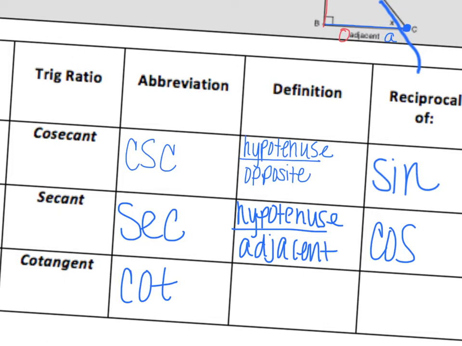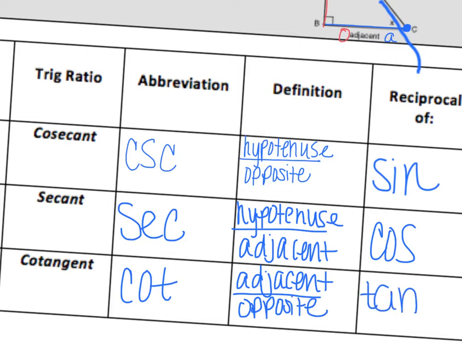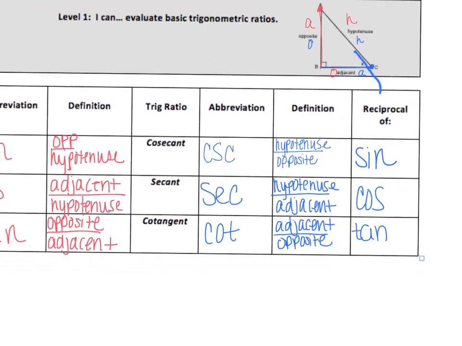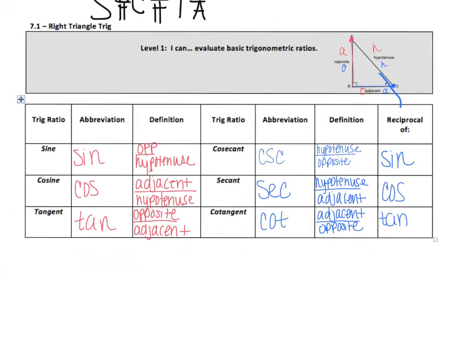So tangent was opposite over adjacent. This is going to be adjacent over the opposite. So like I said, this is the reciprocal of tangent. Okay, so if you can remember the SOHCAHTOA and then remember what order the reciprocal functions go in, then it's just the opposite of SOHCAHTOA in terms of adjacent over hypotenuse or hypotenuse over adjacent.